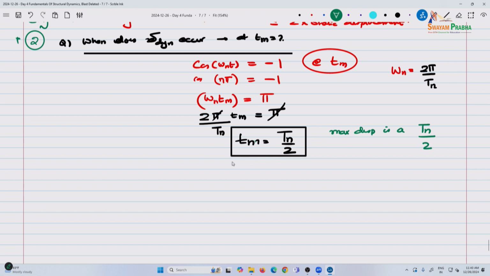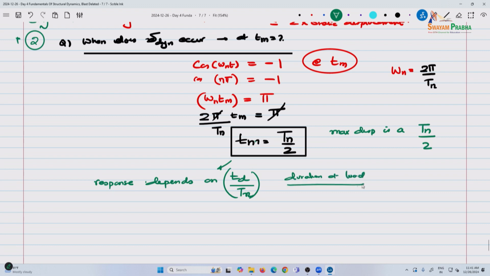Now, this tells us that the response depends on the load duration, it has got something to do with the duration of the load. We will do one more thing, and the natural time period.